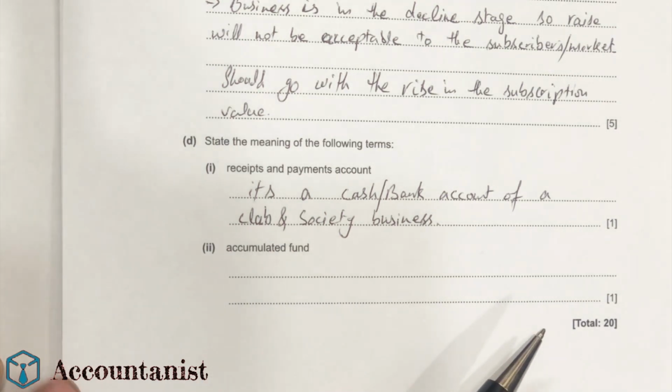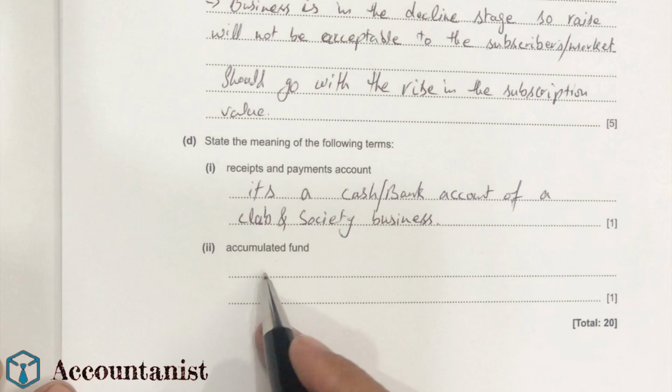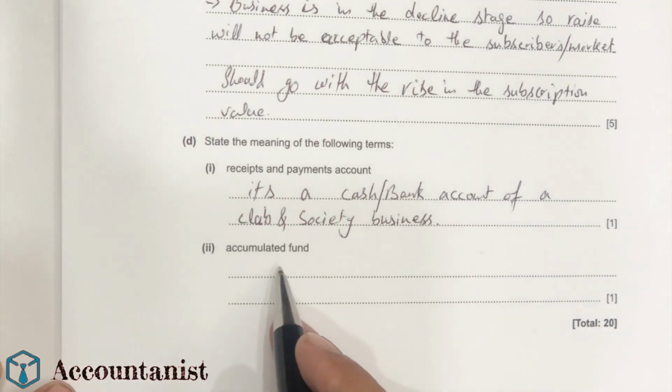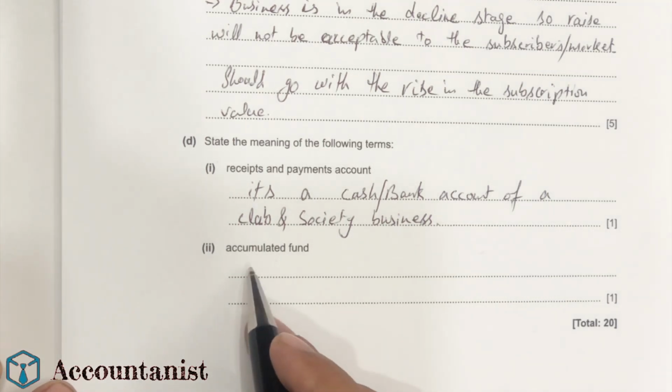The last thing is accumulated funds. As we know, the accumulated funds is similar to the capital account in the club and society business.